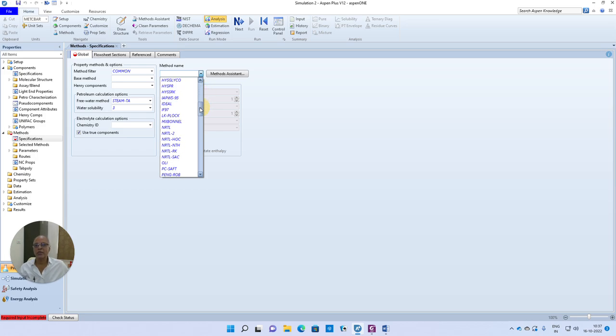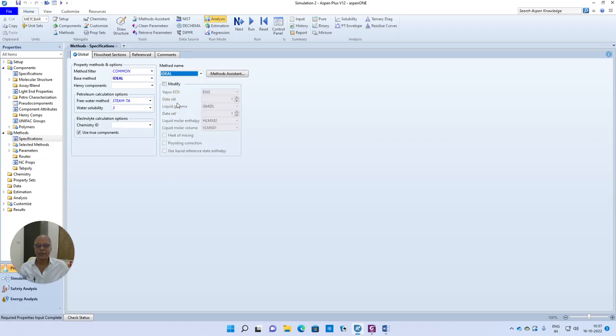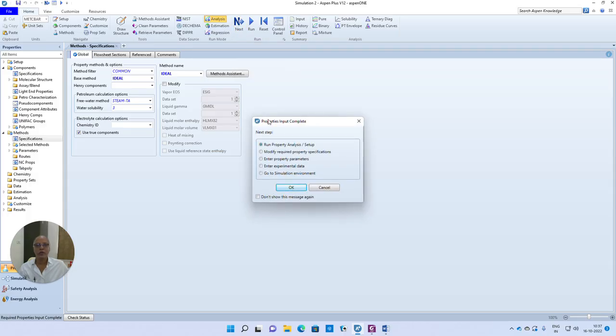You know some of the conditions associated with standard heat of reaction. The reactants and products must be in their respective ideal state at a pressure of 1 bar in case of gases, okay, in their respective ideal states. So I am selecting an ideal property model. So go to simulation environment.